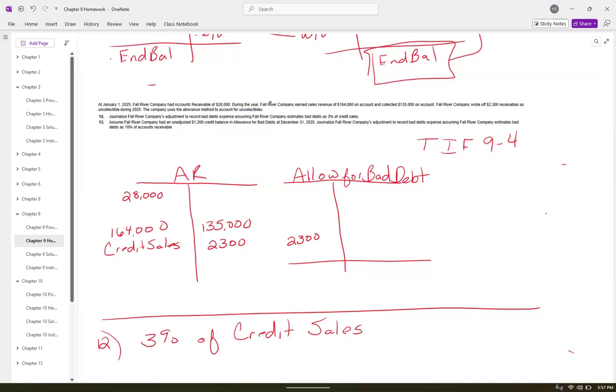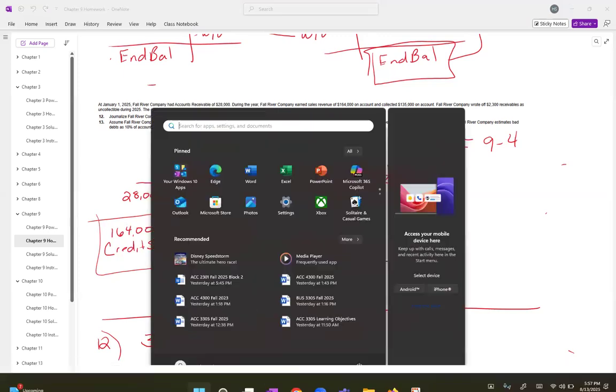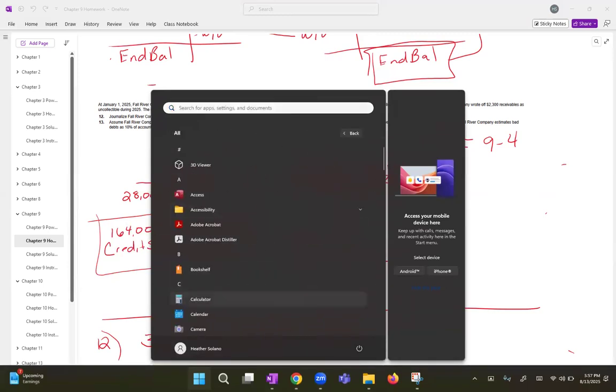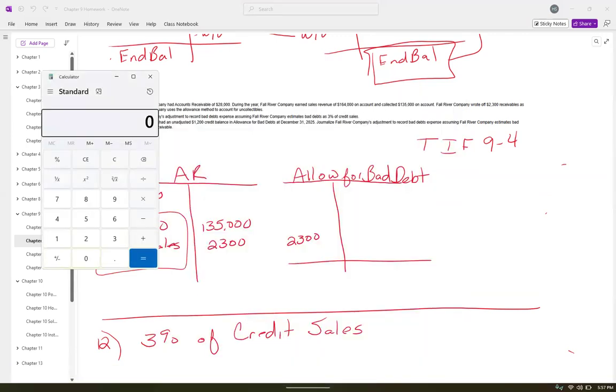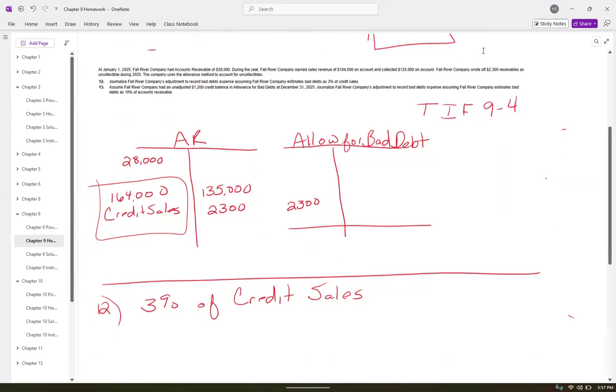I think the first one, you could overthink this one, because the first one is just using bad debt expense based on credit sales. This one's super easy because all we're going to do is take that credit sales of 164,000. Let me find my calculator so you can see me put it in. I know you can put it in the calculator, but sometimes it helps to see somebody else doing it. 164,000, and we're going to multiply that times 0.03, and that gives us 4920.